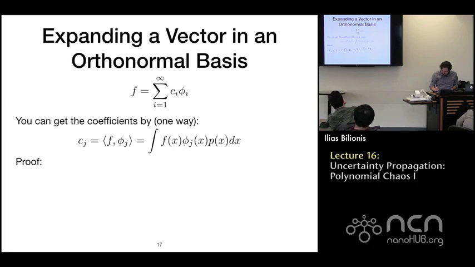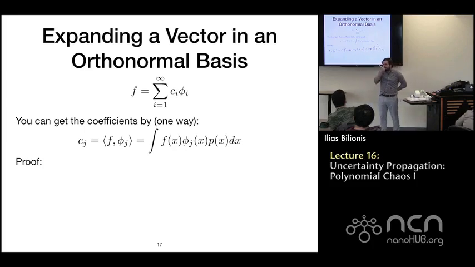So you got phi i, phi j, right? And this phi i, phi j is either 0 or 1. It is 0 if i and j are different, and it is 1 otherwise. So it is that Kronecker delta. So this is just gonna give you c_j. This is the only term that is going to survive. And it is easy to show.